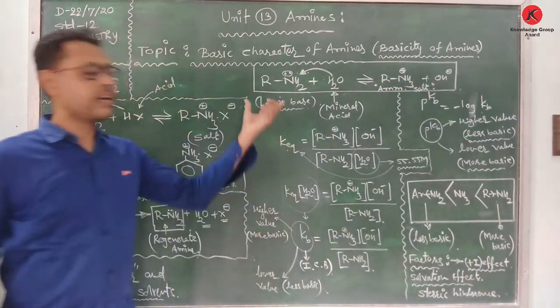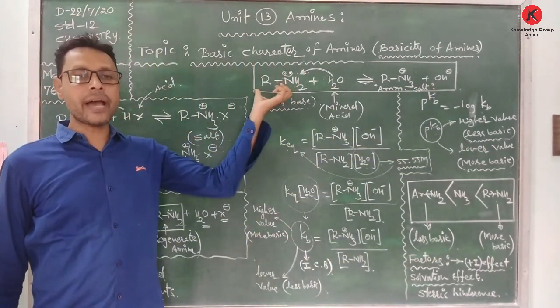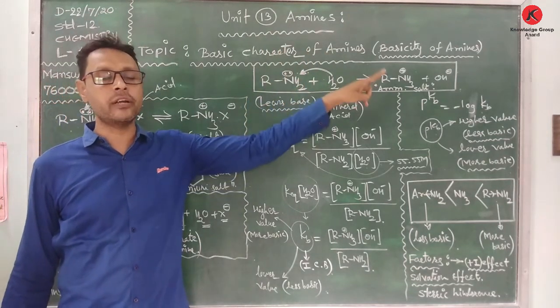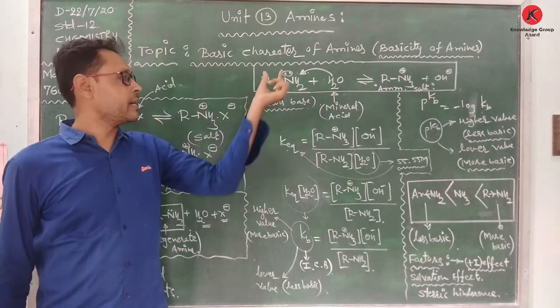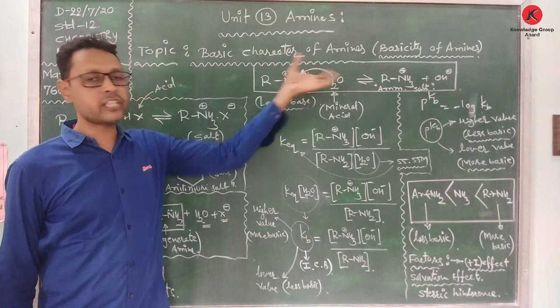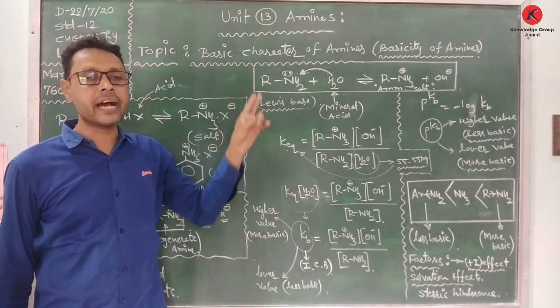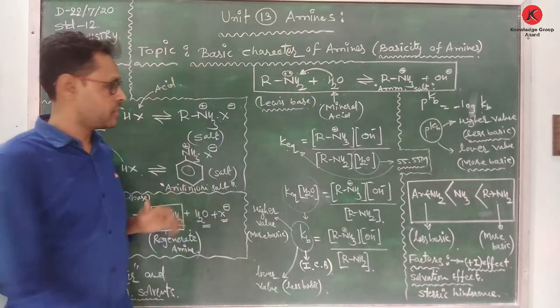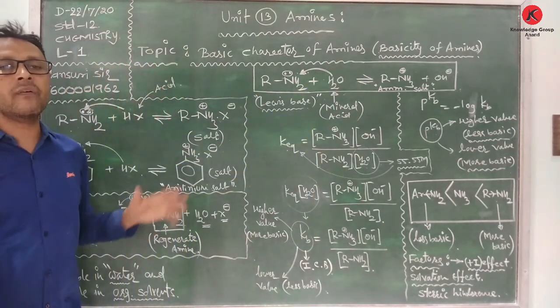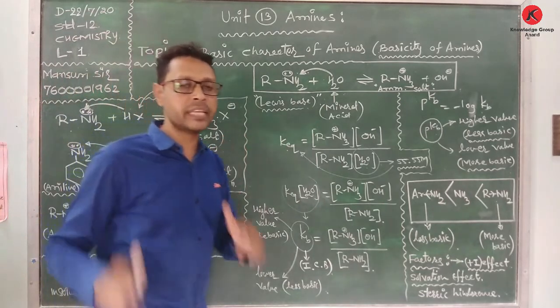So RNH2 amine reacts with mineral acid and forms ammonium salt. In this reaction, the non-bonding electron pair attracts the H plus proton, that means amines are Lewis bases. By this reaction we can say that amines have Lewis basic character.